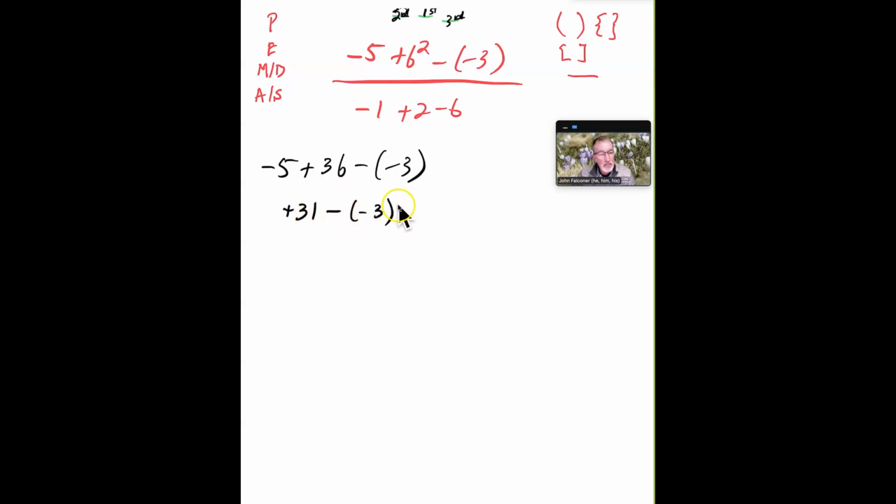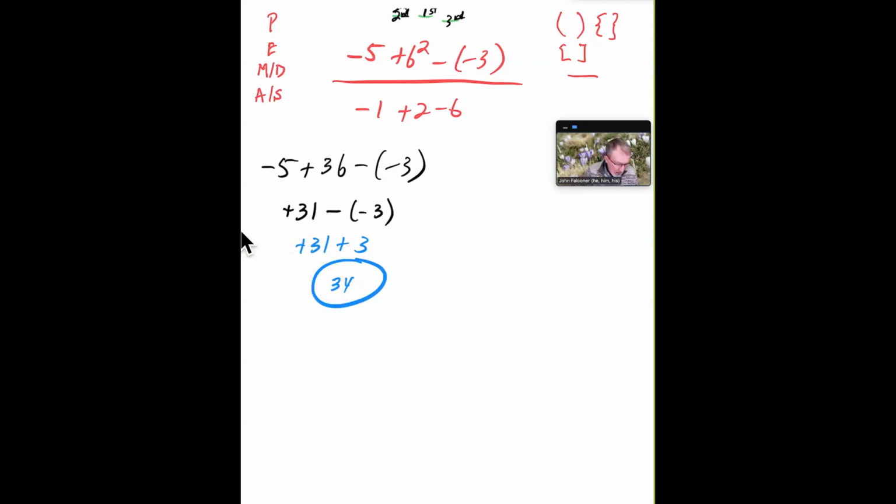You're going to add a positive instead. So let's rewrite this. Let's grab a different color. We're going to have +31 plus 3. So we're adding 31 and 3, and we're going to get 34. And you don't have to use that positive sign here. It's assumed it's positive unless you are saying it's negative.